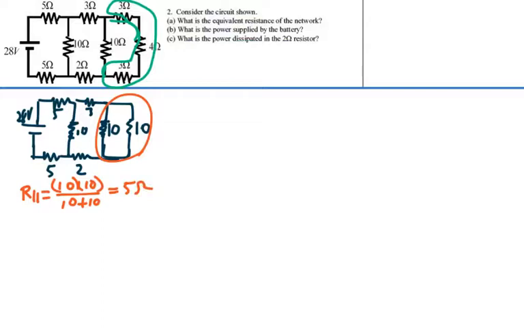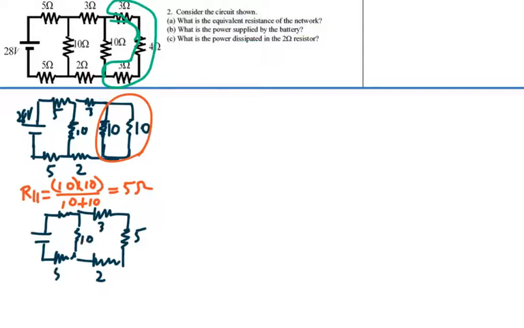So now our circuit looks like this, with a 5 on the outside here, a 2 here, 3, 10, 5, 5, and then our 28 volt battery.